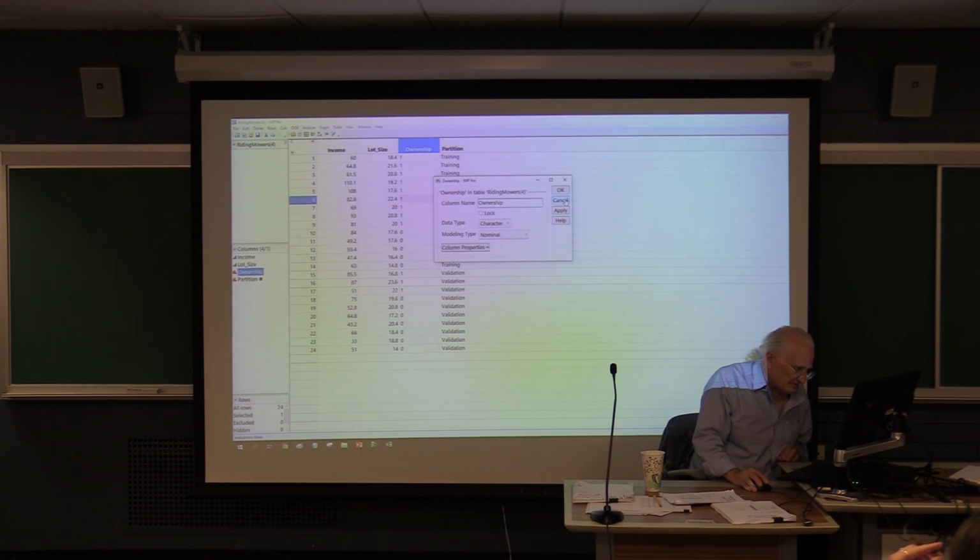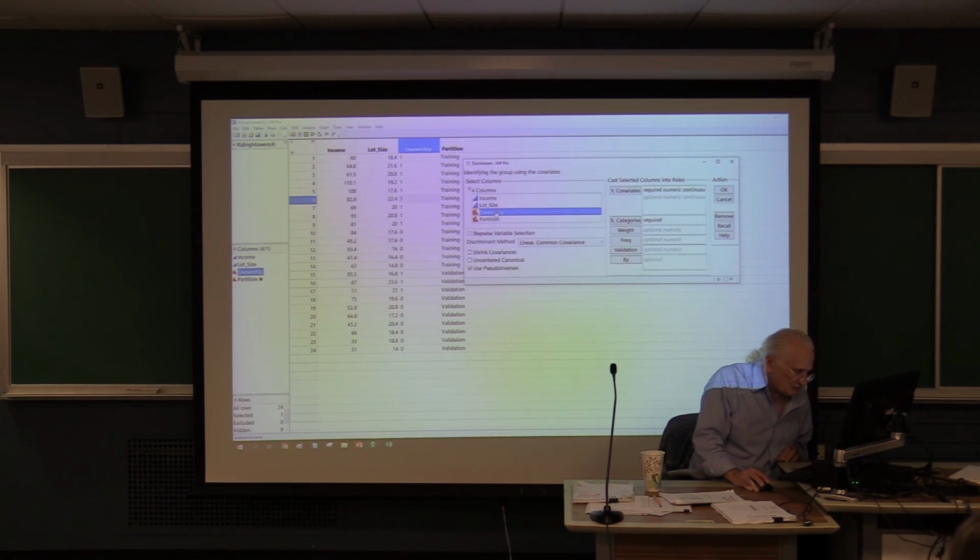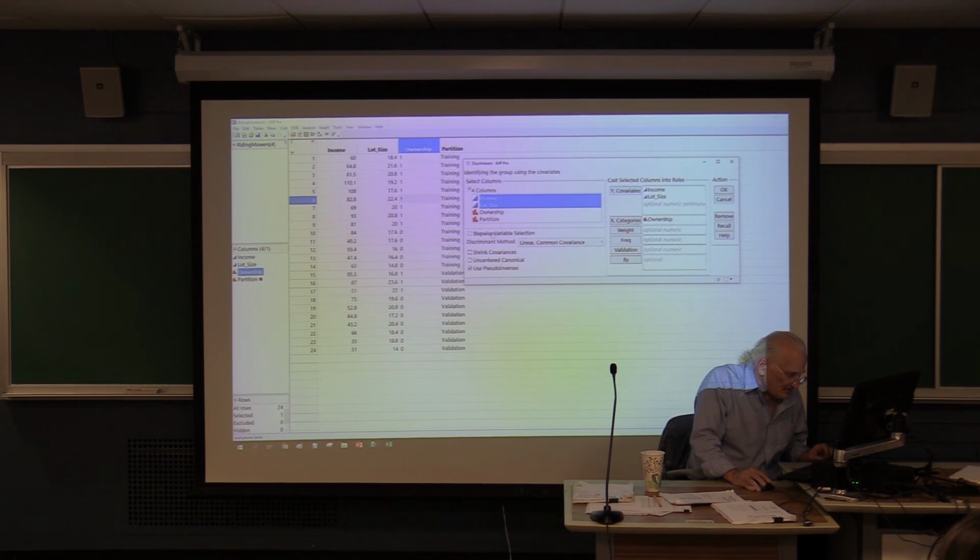It could also be numeric nominal. So you move this to the Y, and the income and the lot size, these are the covariates or predictors, they need to go to X. Validation goes into validation. For now, let's just leave them the way they are.